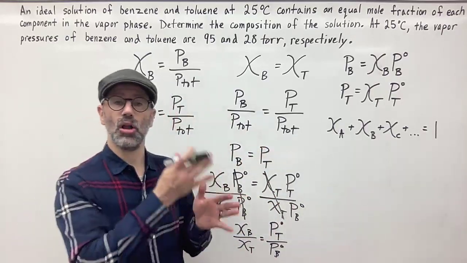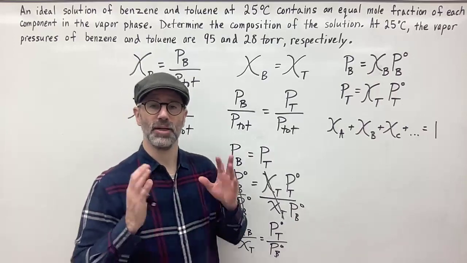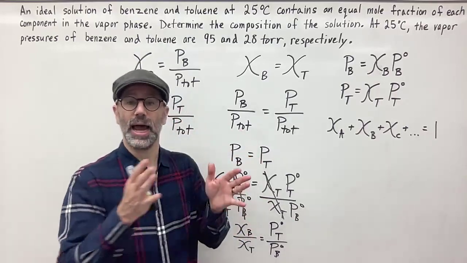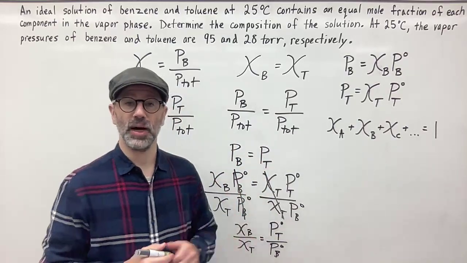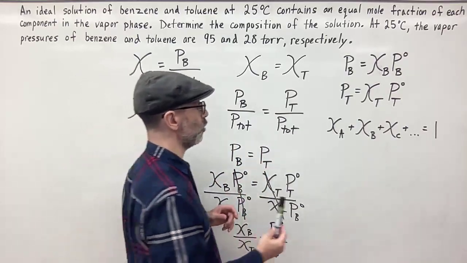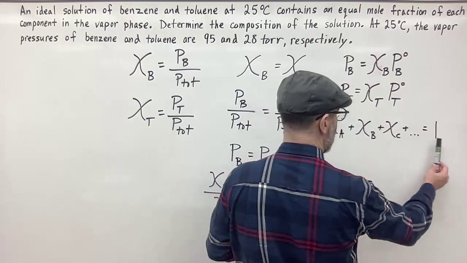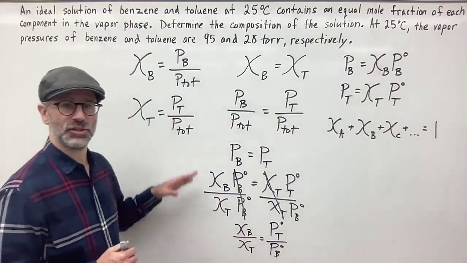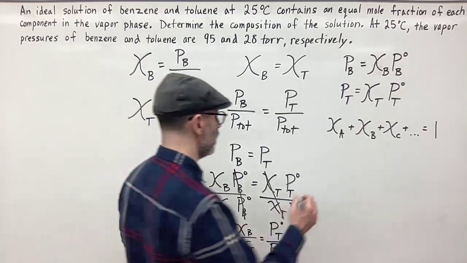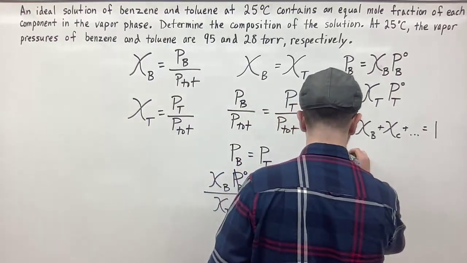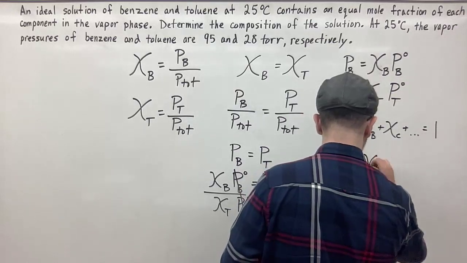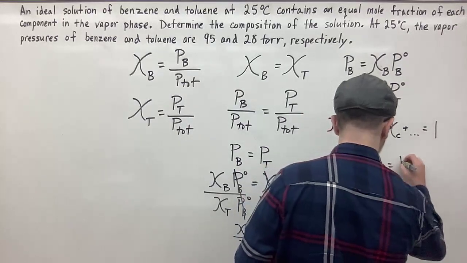So all of the percentages add up to 100 because you've multiplied by 100, and the fractions add up to 1. We only have two mole fractions here, so both of those add up to 1. In this case, the mole fraction of benzene plus the mole fraction of toluene is equal to 1.